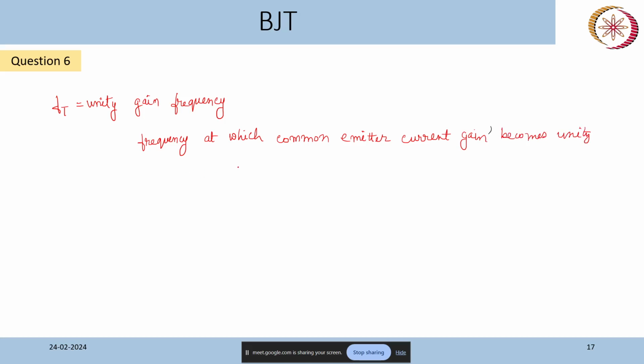And how do we calculate frequency? The general formula is 1 by 2 pi tau. There may be various delays, but the dominant delay is the base transit time, so we'll use that and calculate the frequency.